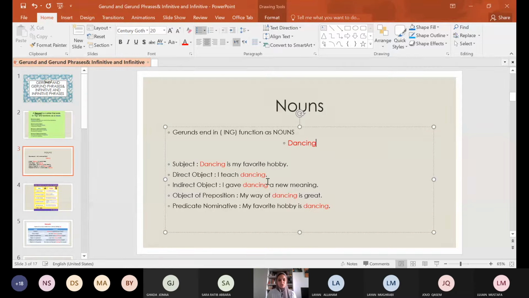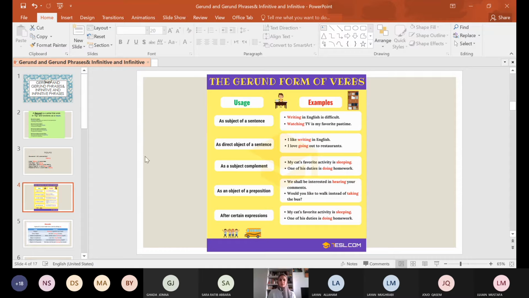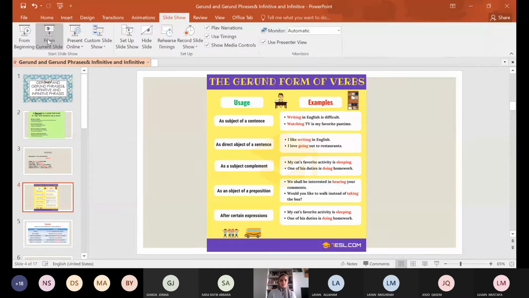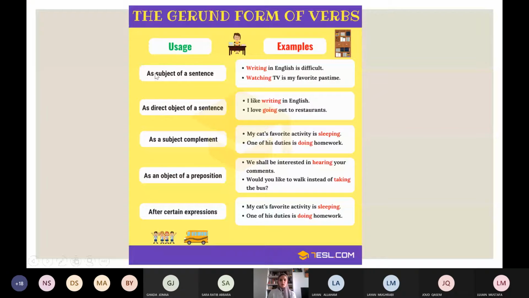Indirect object: I give dancing a new meaning. Object of preposition, after a preposition. Predicate nominative, after a linking verb. These are the only usages of gerunds as nouns when the word ends in ing: as subject, direct object, indirect object, predicate nominative, and object of preposition.